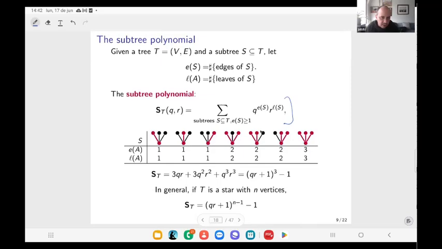I have 3 subtrees with one edge, 3 subtrees with 2 edges, and then only one subtree with 3 edges. So this gives us this generating function here. And actually, I can just factorize it and have this. You can prove that for any star with n vertices, you have this form. It's not very difficult to prove this form. Okay.